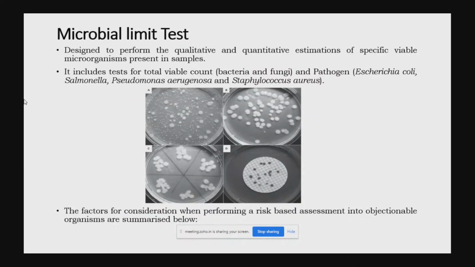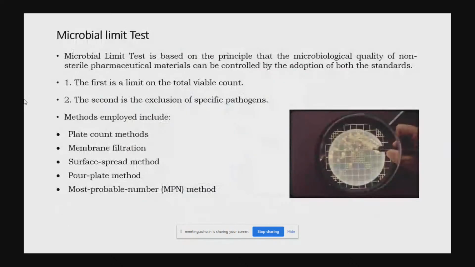If there are some objectionable microorganisms, it may adversely impact the patient who is consuming the medicines. So in that condition, suppose instead of these four pathogens we find some other objectionable microorganism, then also we need to follow some risk-based approaches.